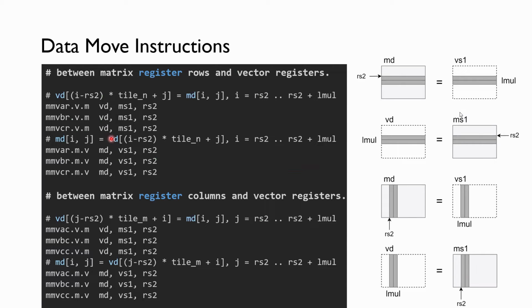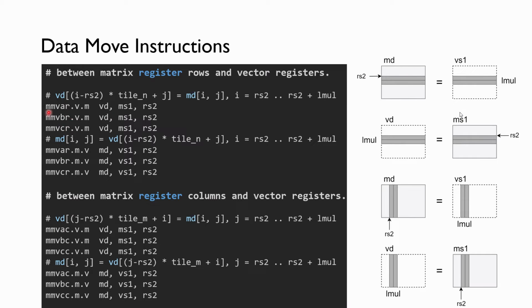And the data move instructions move data between matrix registers and vector registers. The matrix register supports two directions, the row direction and the column direction. It is indicated by the letter in the instructions, R or C here. The R represents the row direction, and the C represents the column direction. And the letters A, B, and C also indicate the shapes of the tile. Okay, let's take an example.